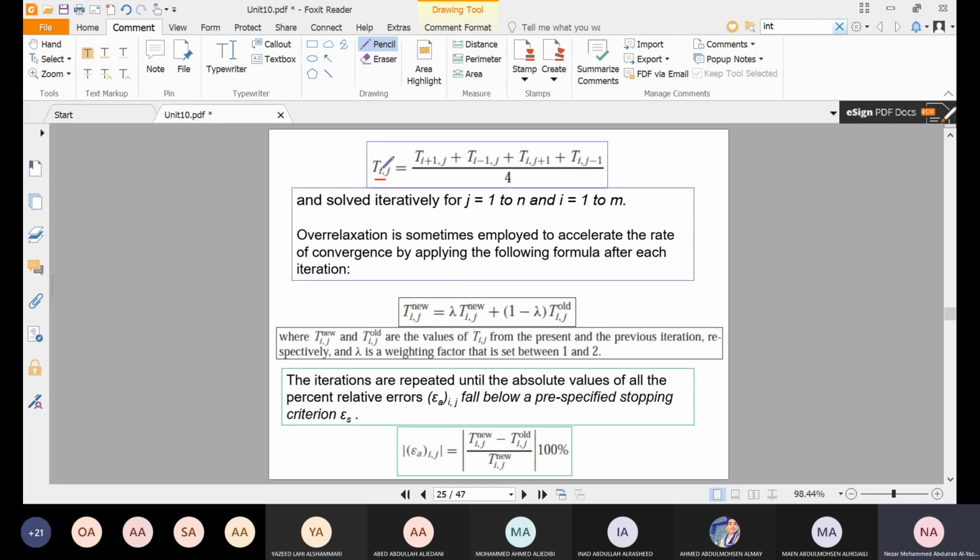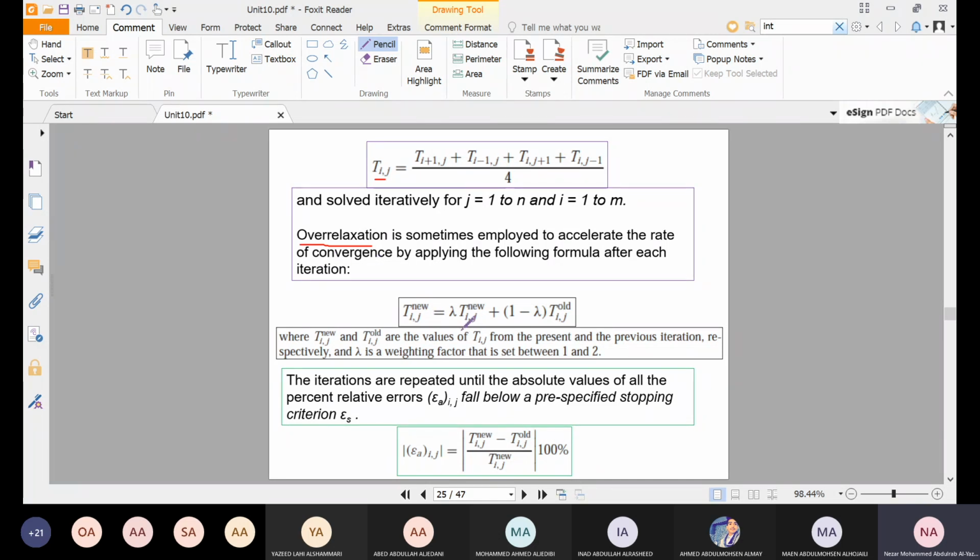So we rewrite this: the temperature at this node Tij is equal to the average of the temperatures of the surrounding nodes. After that, we update the value of the temperature at this Tij by using the over-relaxation method.